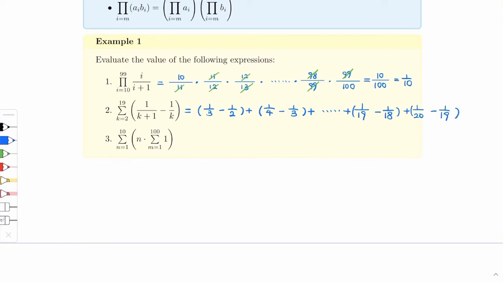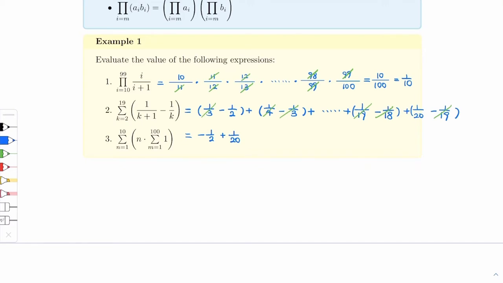Okay, so if you notice this, you can cancel off some terms as well. So you have 1 over 3, you have minus 1 over 3, and you should have minus 1 over 4 somewhere in between. So that cancels out as well. And same here, this is going to cancel out with a term in here. And 1 over 19 cancels out. So eventually this will give you negative 1 over 2 plus 1 over 20.